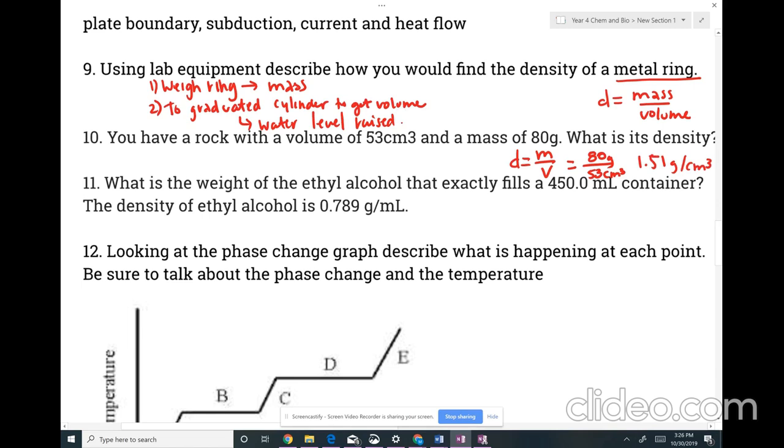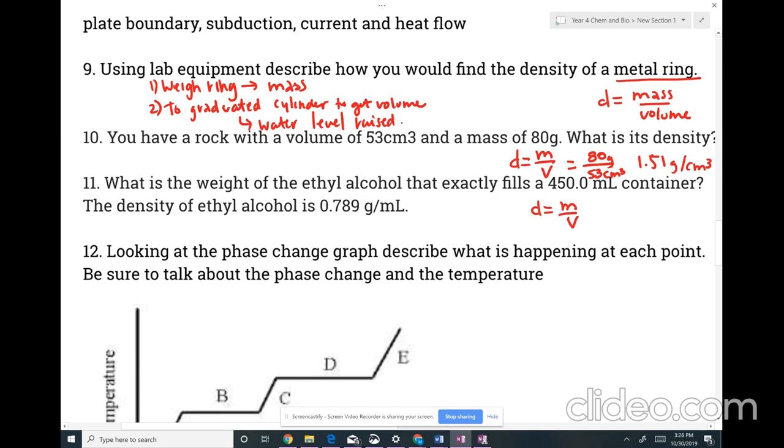I do the same thing on here. They ask, what is the weight of ethyl alcohol that fills 450 milliliters in a container if the density is so? Same thing: D is equal to M over V. But I have to change up the equation.